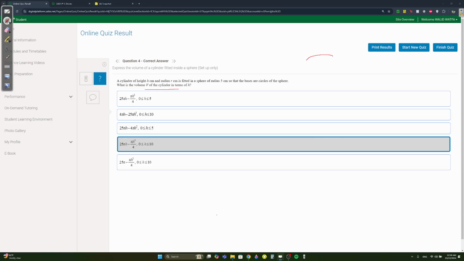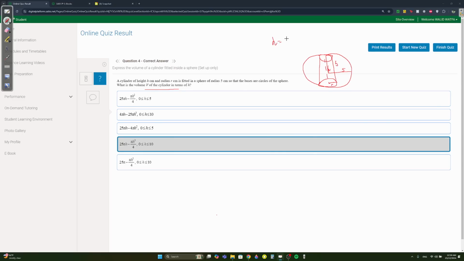To draw this for you, this is your sphere, and you have your cylinder here. You have the radius r, you have the height. The sphere's radius is 5. So also going up it's 5.